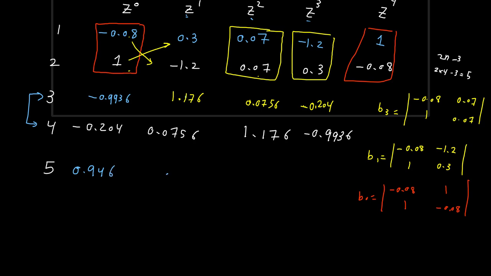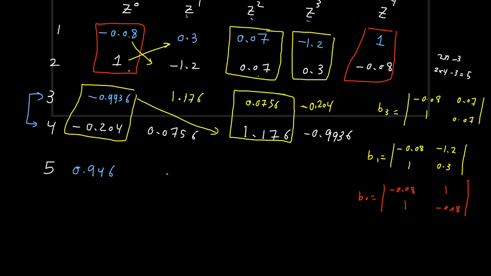Now this one will equal, I will take those two, then I will take those two and find the determinant. So this one multiplied by this one minus this one multiplied by this one. If I do the math, this will be minus 1.184. If I need this one, then I will take those two elements and I will multiply this one by this one minus this one by this one. If I do so, 0.315 I will get.